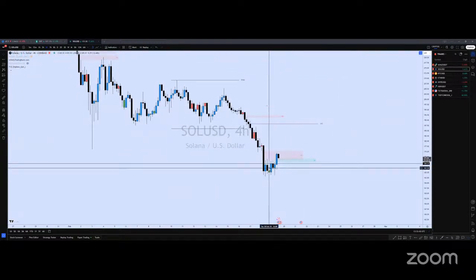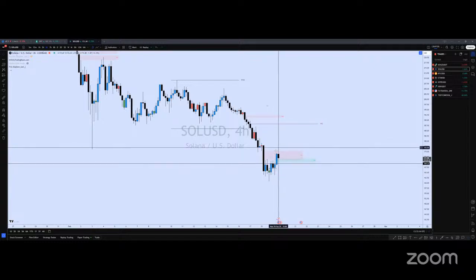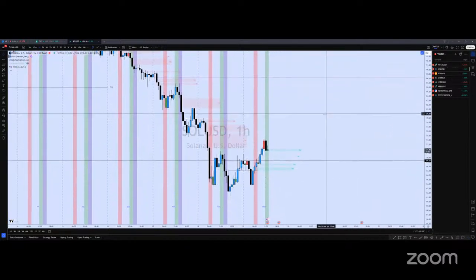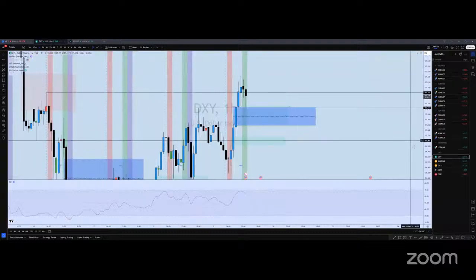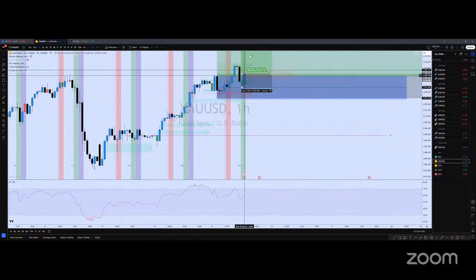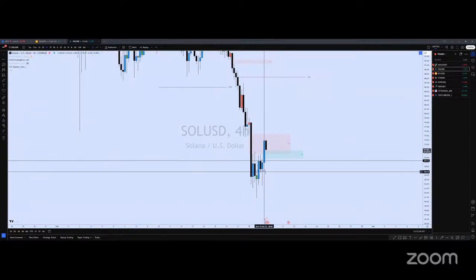This down candle formed, we came back to it and then price rejected on the lower time frame. It's similar to gold, right? The down candle forming, price rejecting, then coming back and then rejecting. Okay, so that H4 candle, right?